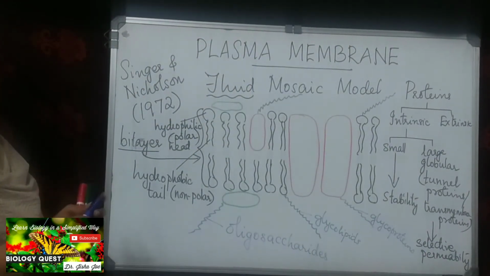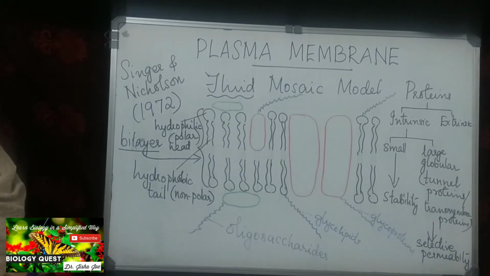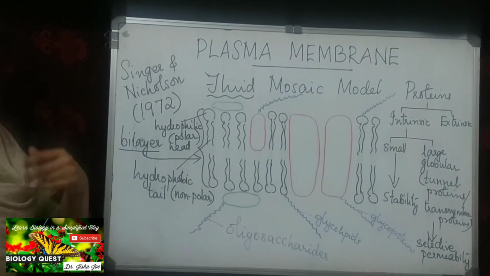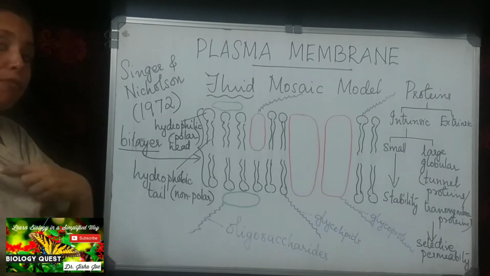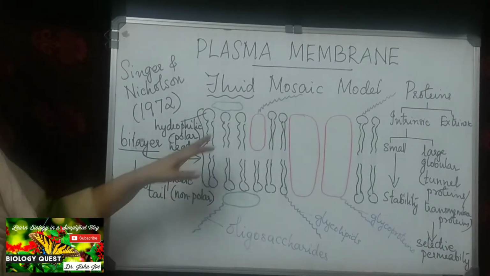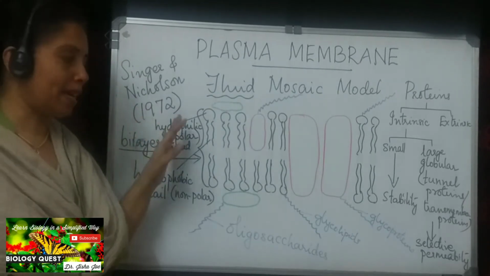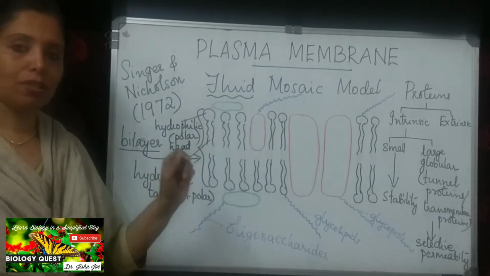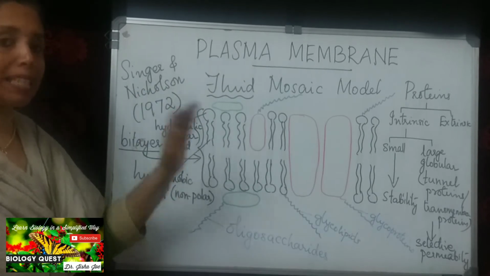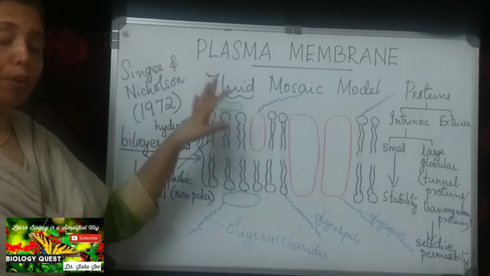So that is with regard to the arrangement of the components of the plasma membrane according to the fluid mosaic model. Once again, the fluid mosaic model was proposed by Singer and Nicholson in 1972. According to this model, the plasma membrane has a fluid nature.